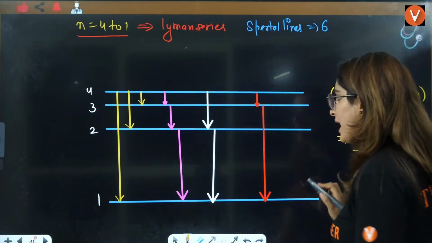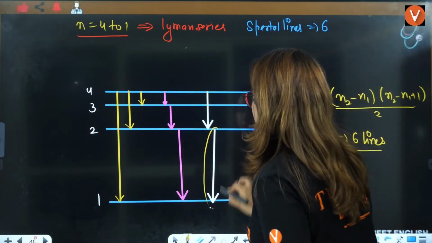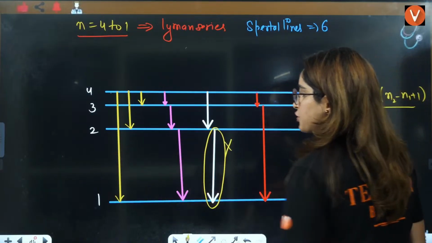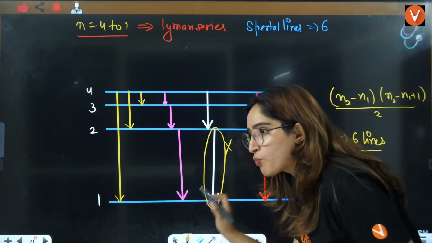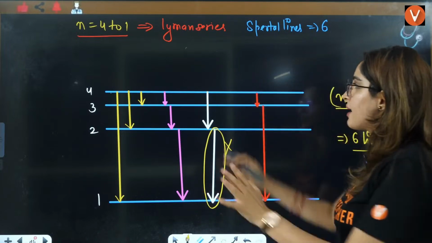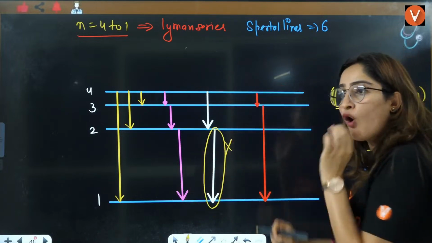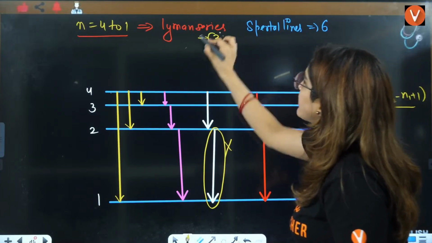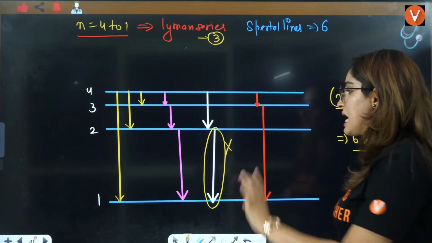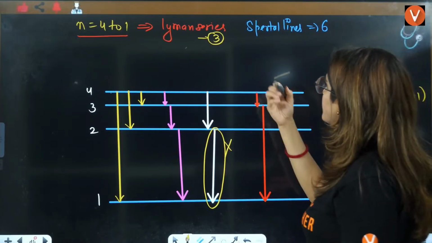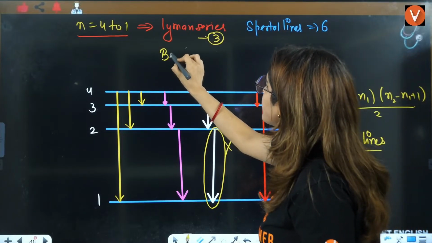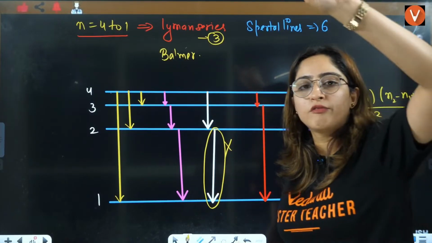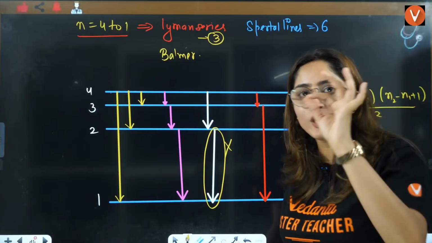See, we know that this and this is common. This is unique, this is unique, this is unique. So to n is equal to 1, you have only 3 lines between 4 and 1 that are falling on n is equal to 1. That means in Lyman series, you have only 3 lines. Now, they say belonging to Balmer series, from 4 to 1.